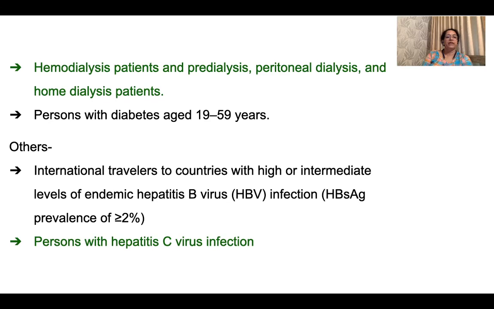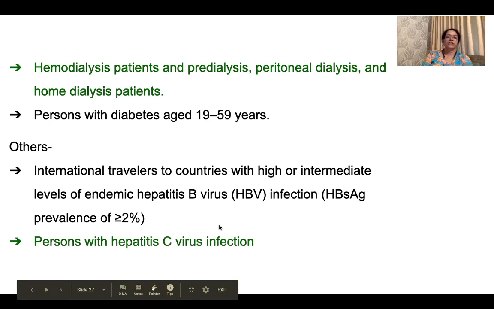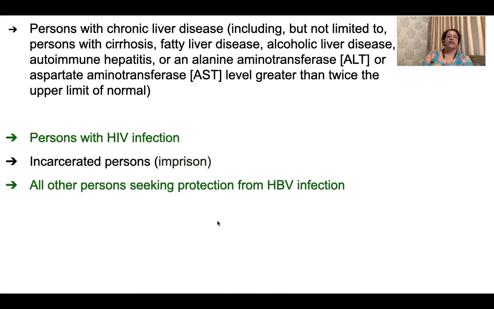Persons with hepatitis C virus infection are also immunized using hepatitis B vaccine. Persons with chronic liver disease, including but not limited to persons with cirrhosis, fatty liver disease, alcoholic liver disease, autoimmune hepatitis, or an alanine transferase or AST, that is aspartate aminotransferase, level greater than twice the upper limit of normal, also require such vaccination.